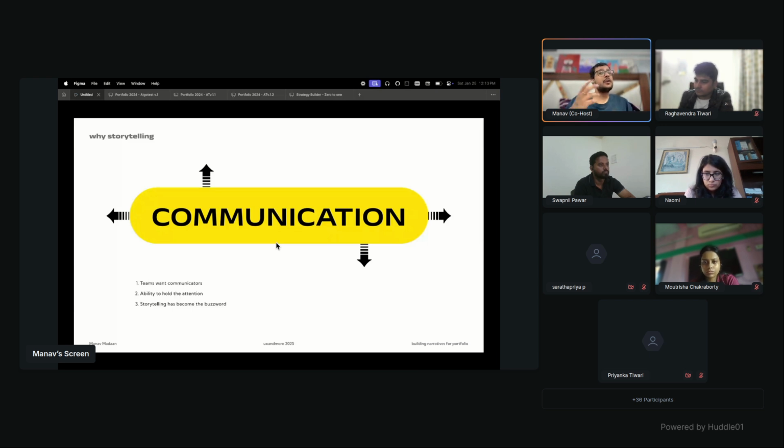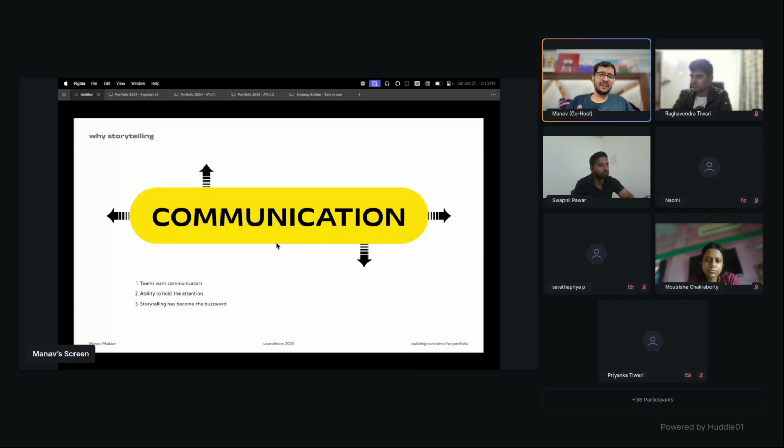Essentially these are the few outcomes that teams are looking for, but they were not able to articulate it, and they found a vague word to communicate that, and that vague word has unfortunately become storytelling. The reason I'm saying this is because most things in design, even structures of case studies, are objective. You can say that if you do these things in this structure, the outcomes are much more favorable, and people will understand. But storytelling has become this vague word which no one knows.